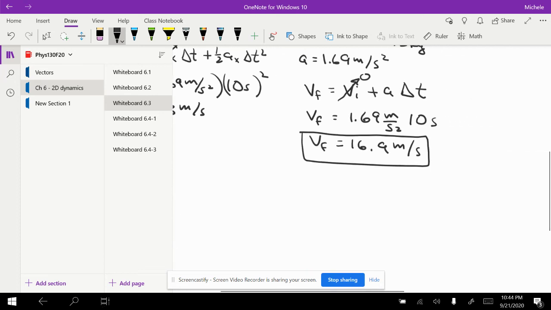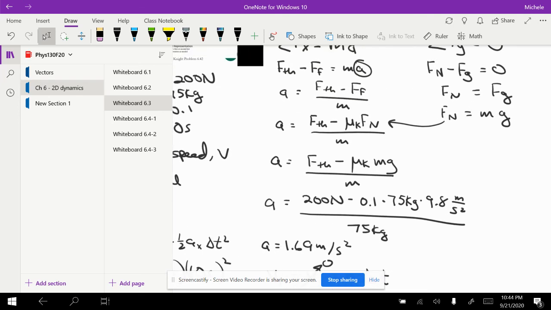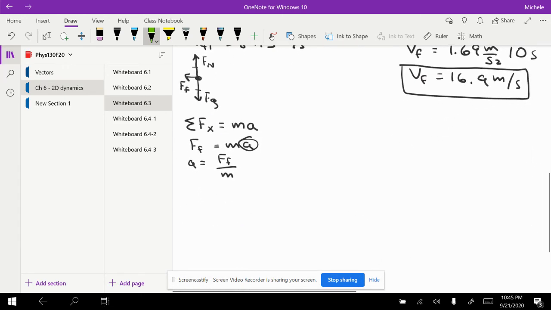Now we can use the same force of friction equation here, where force of friction is equal to mu k times force of the normal. And the force of the normal from over here is equal to mg. So our force of friction didn't change.